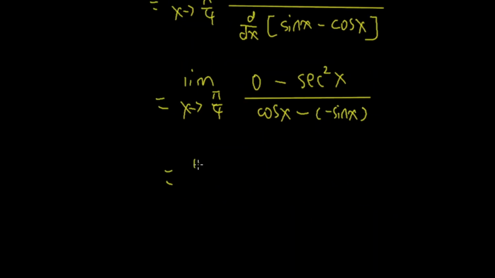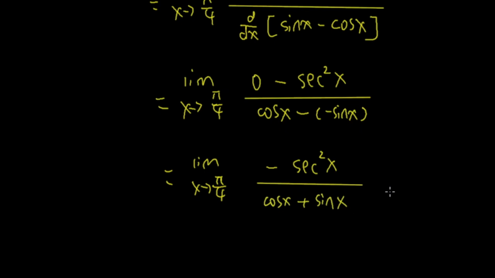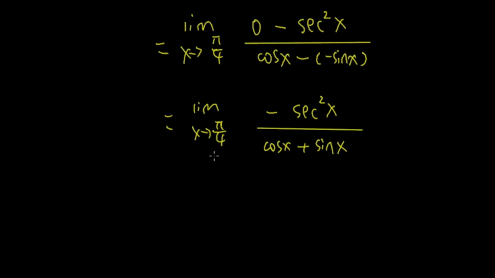Okay, so that is equal to negative secant square x divided by, now minus becomes plus, so we have cosine x plus sine x. Okay, now can we put pi over 4 into x now? I think so. Let's do it.